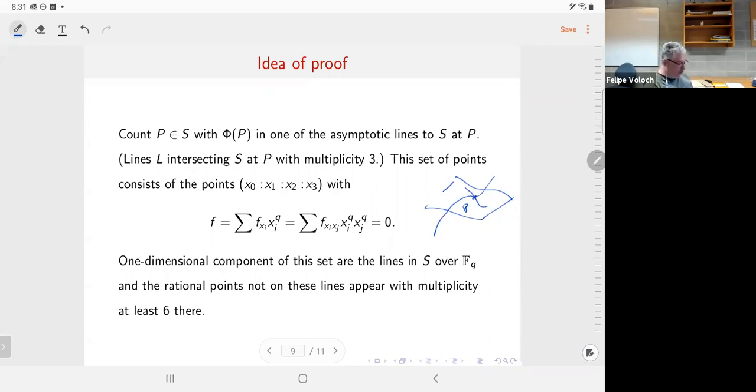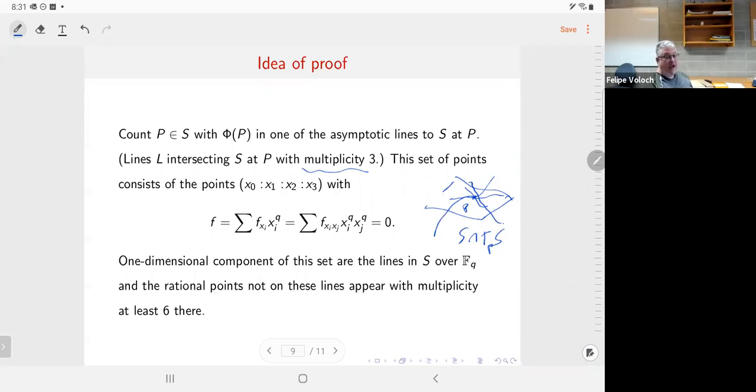Typically, what you see is a nodal singularity, and it has two tangents. These two lines, which are the tangents at P to S intersect T_P S, are called the asymptotic lines to S at P. These can also be characterized as lines intersecting S at P with multiplicity 3 or more, generically 3.